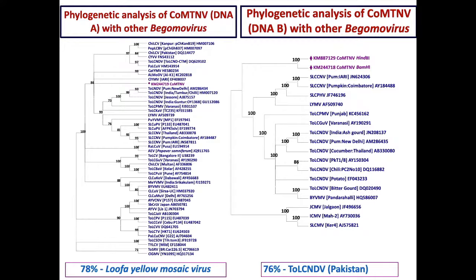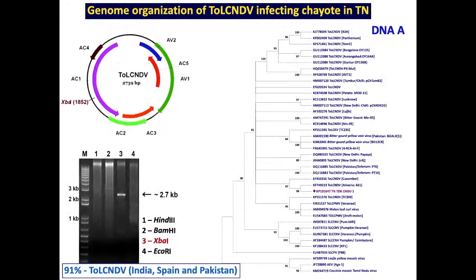As we know, the demarcation level for species is 91% homology for begomoviruses. And similarly, DNA B had only 76% identity with the tomato leaf curl New Delhi virus, but not the Indian isolate, it is the Pakistan isolate. So likewise, there are several variations among them.